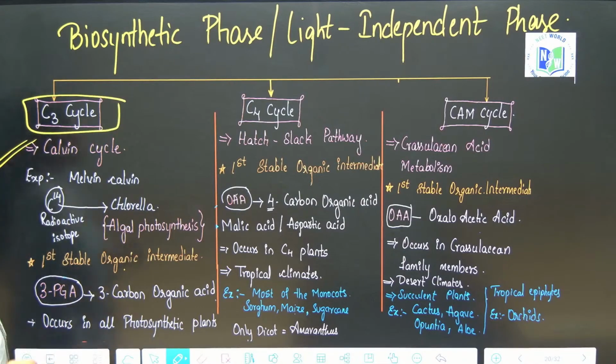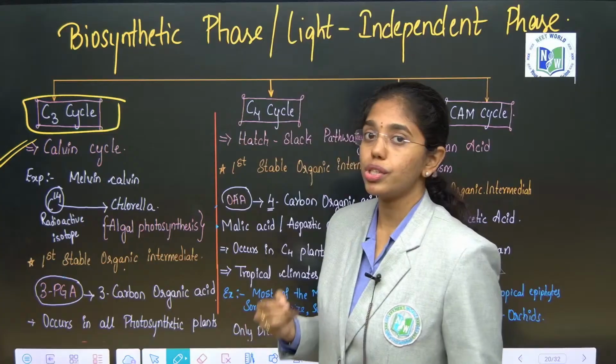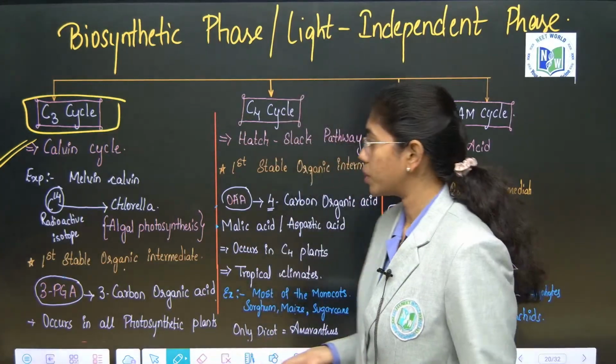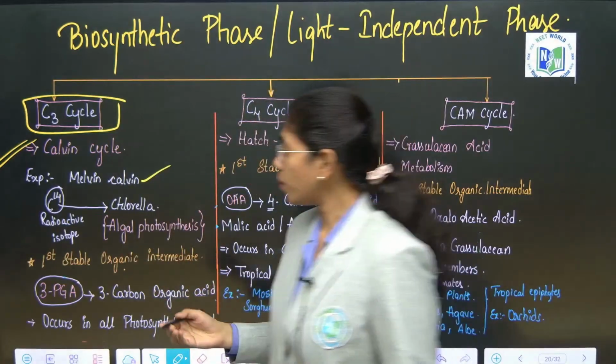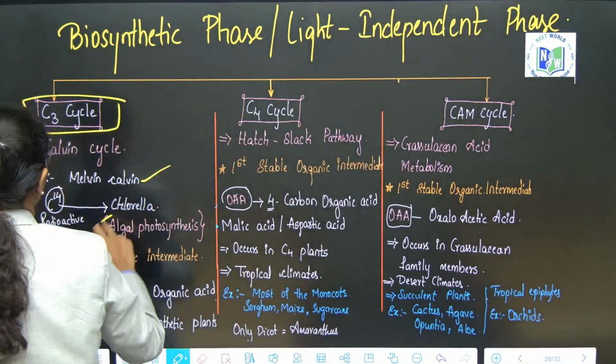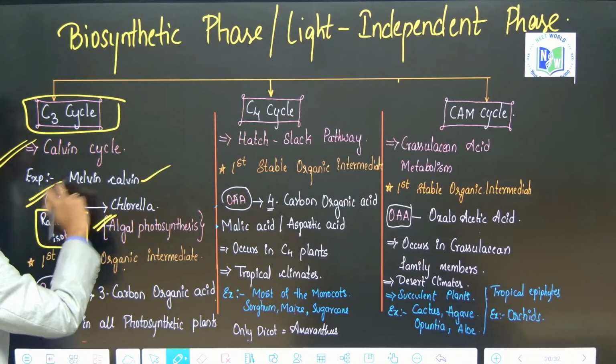This is given by Melvin Calvin. After Second World War, when there was huge research going on the radioisotopes, Calvin performed very good experiments on algal photosynthesis by using a radioactive isotope, that is C14.